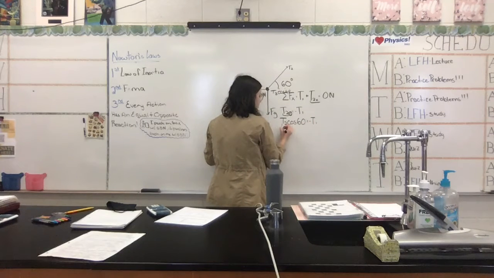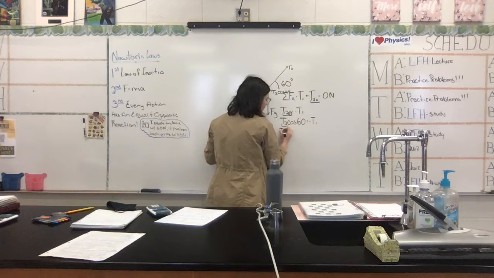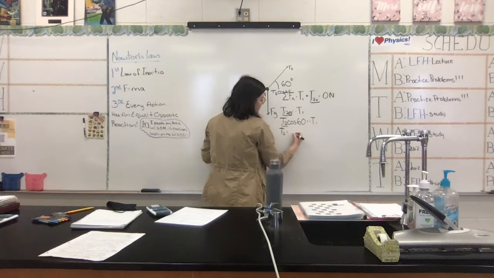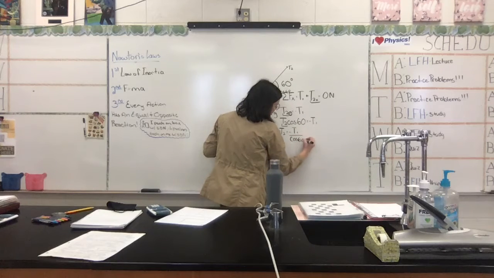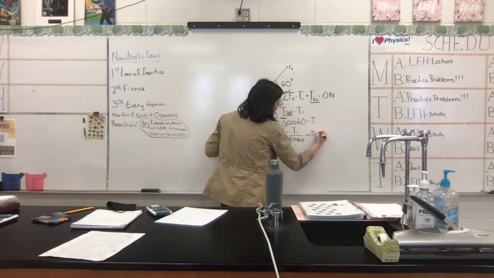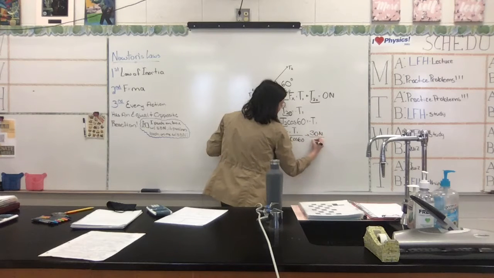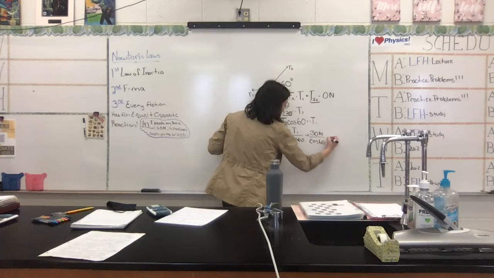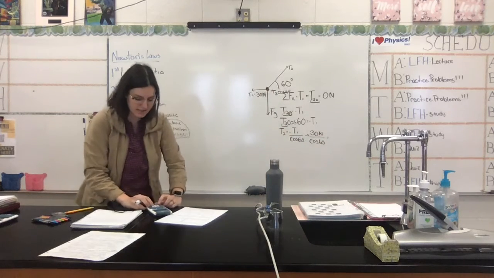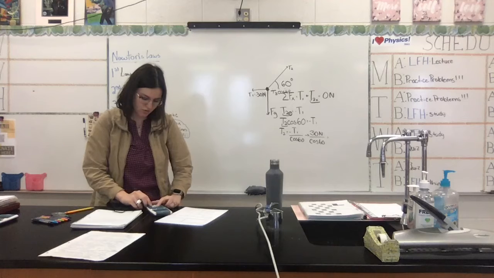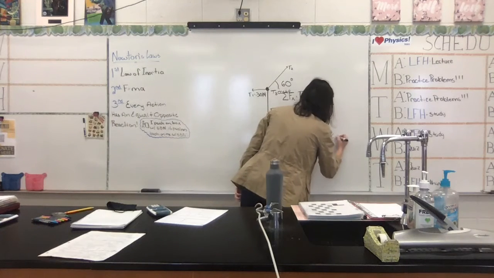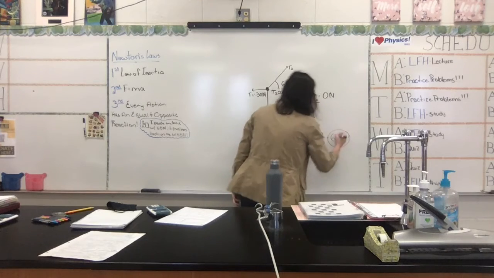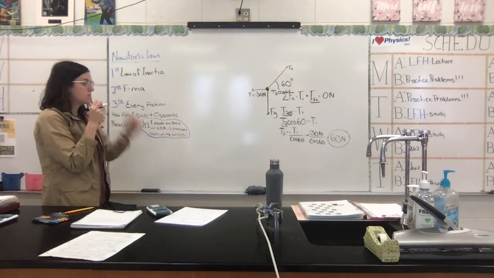To get T2 alone, we divide both sides by cosine of 60, so T2 is equal to negative T1 divided by cosine of 60. When we plug that in, it'll be 30 newtons divided by cosine of 60, which tells us that T2 is equal to 60 newtons. So the magnitude of T2 is 60 newtons.